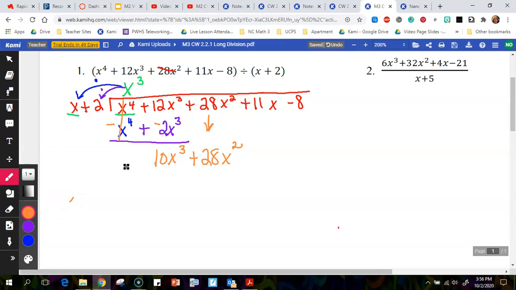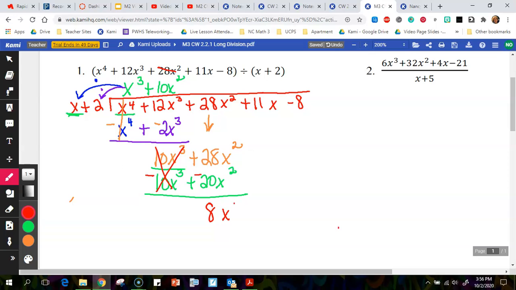All right, so I'm looking at this and this again. 10x cubed divided by x is plus 10x squared. 10x squared times x, 10x cubed. 10x squared times 2, plus 20x squared. Okay, now change everything to the opposite and then combine. These cancel. 28 minus 20 is 8x squared.